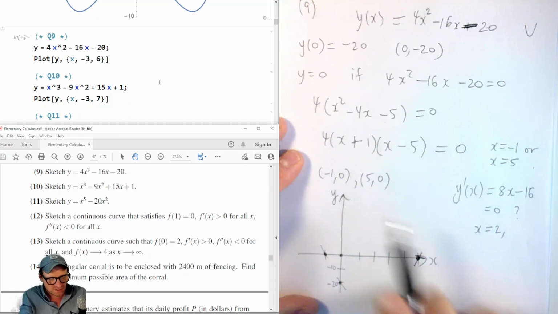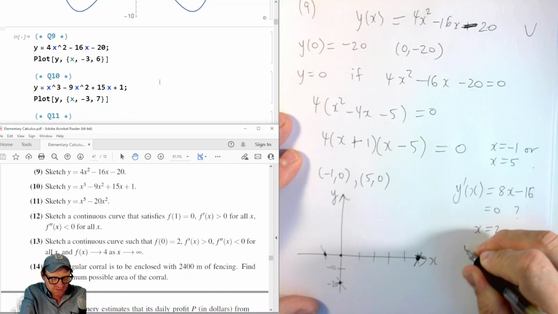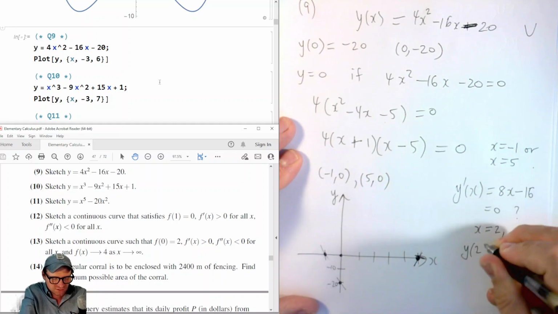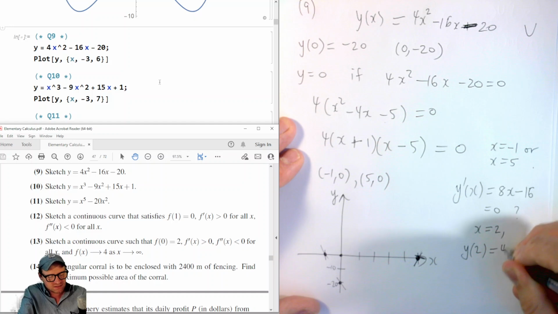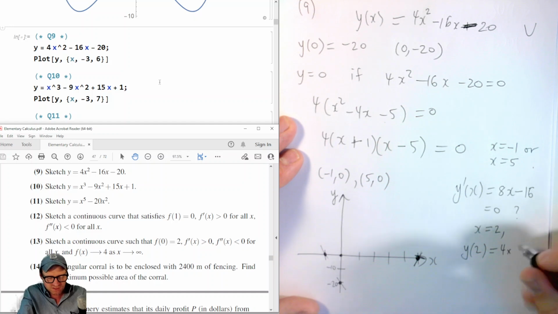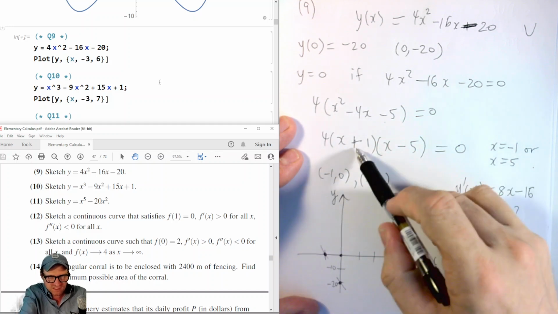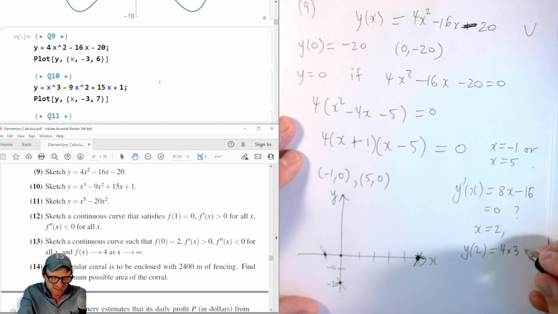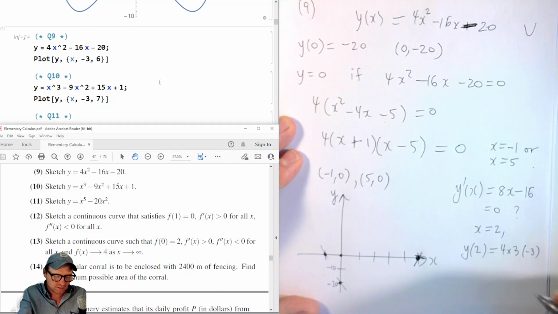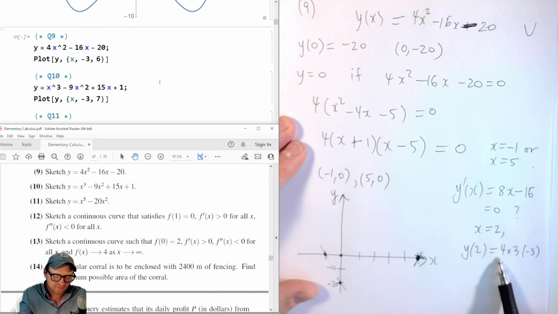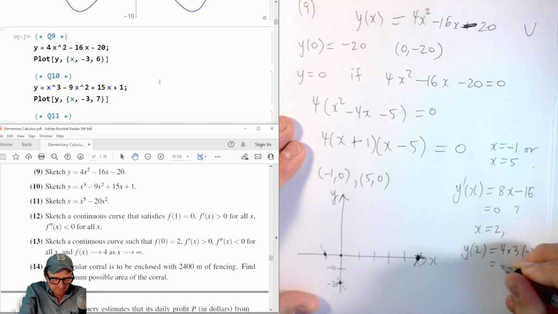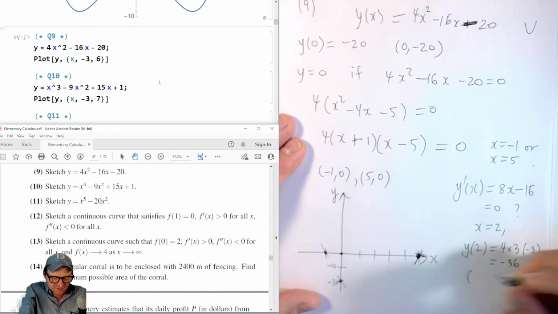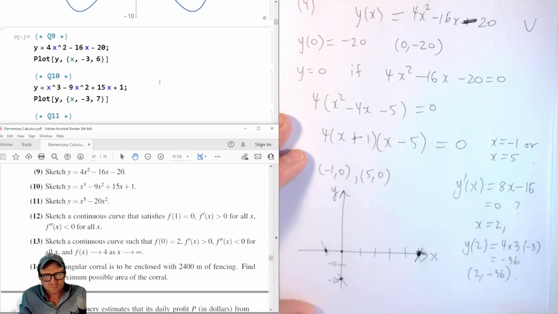I'll use the factorized form. So y of 2 is equal to 4 times 2 plus 1, which is 3, subbing in there, and then 2 minus 5 is minus 3. So I've got 4 times minus 9 is minus 36. That gives us a point (2, -36).